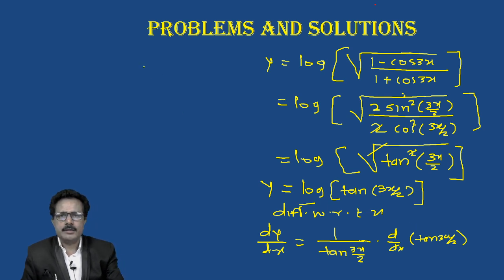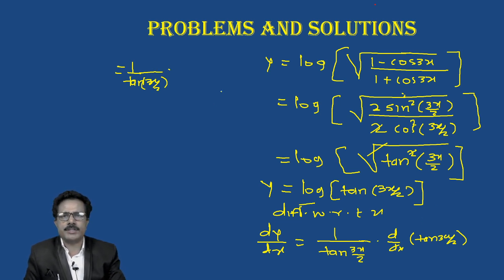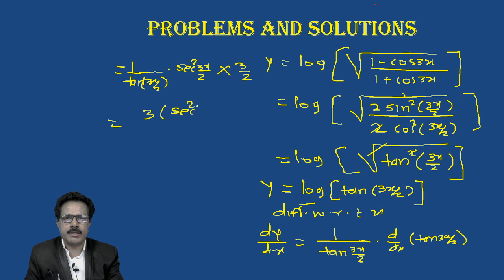Now put this value as it is, 1 upon tan 3x by 2 into derivative of tan 3x by 2 is sec square 3x by 2. Again we have to take derivative of 3x by 2, which is 3 by 2. We have used a direct step here, that is equal to 3 into sec square 3x by 2 upon tan 3x by 2.